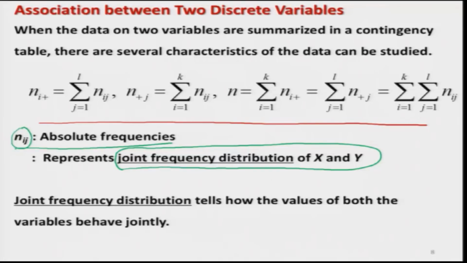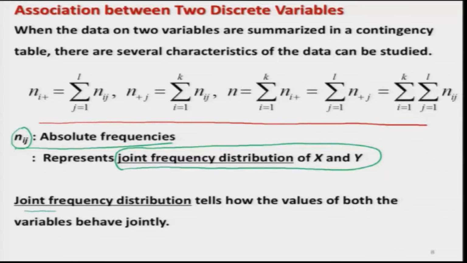Now, you may recall that when we had discussed the frequency table in a univariate case, we had only one variable, and we had discussed how the frequencies are distributed in different class intervals. That was compiled in a univariate frequency table.